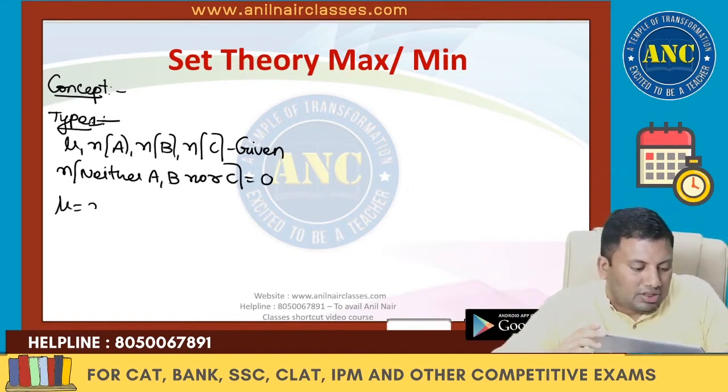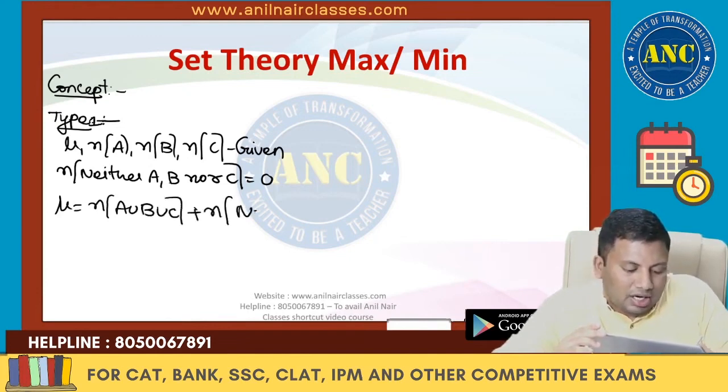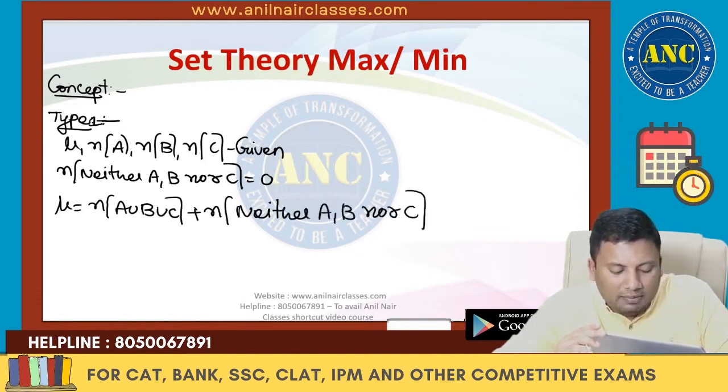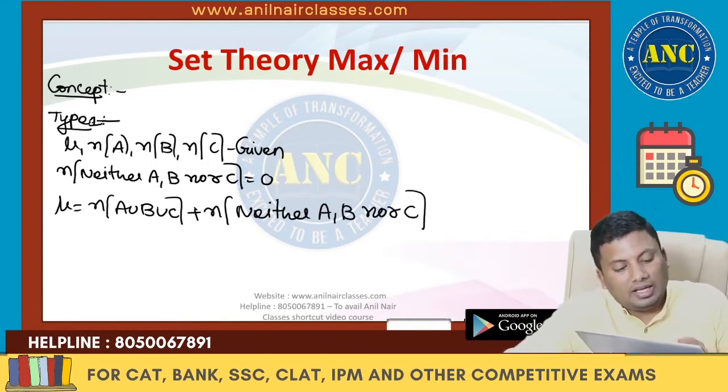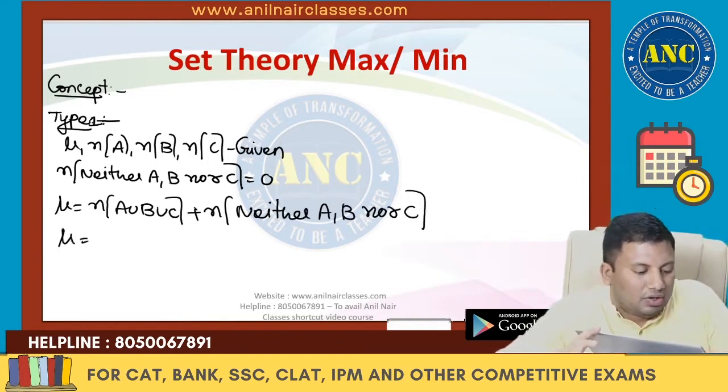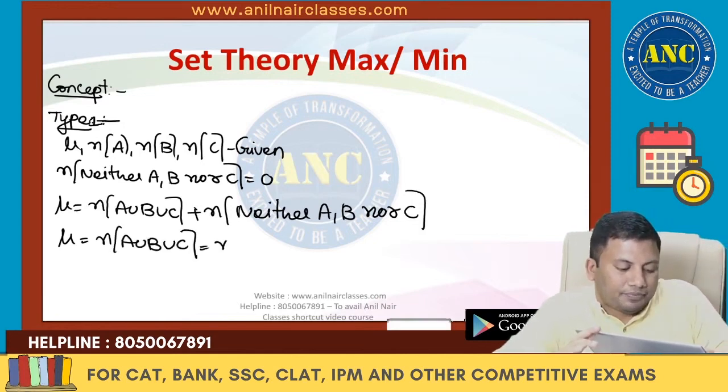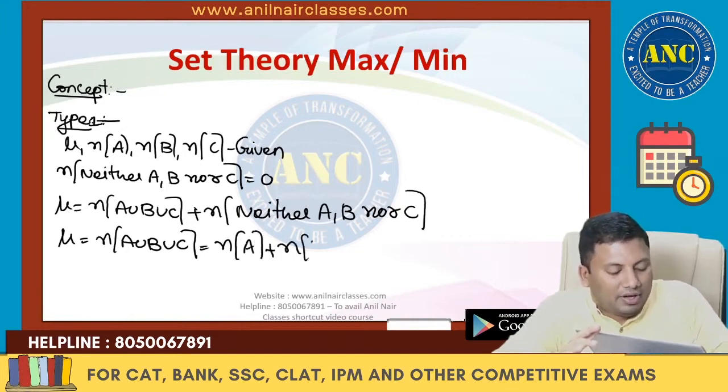Mu is nothing but n of A union B union C plus n of neither A, B nor C. Neither A, B nor C is 0.